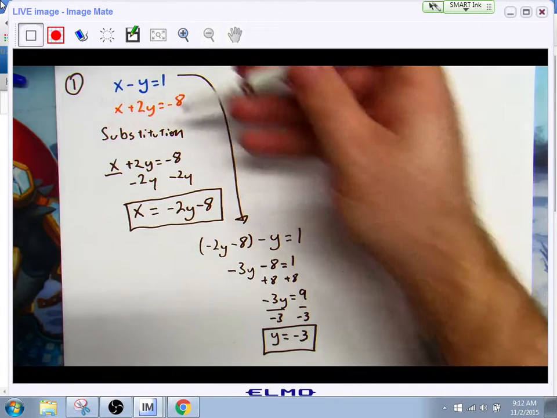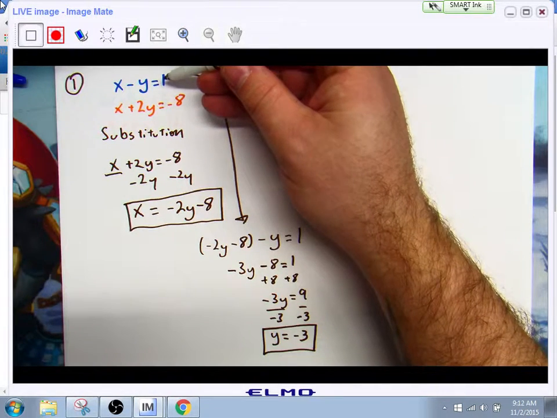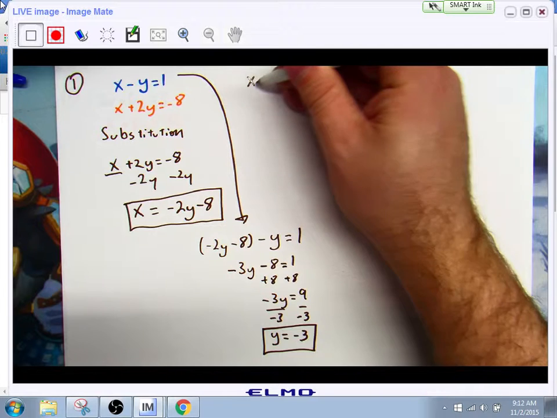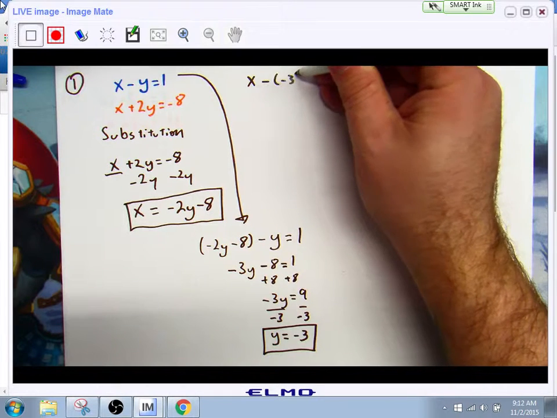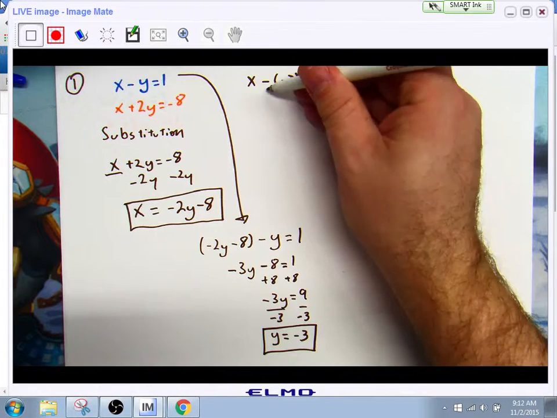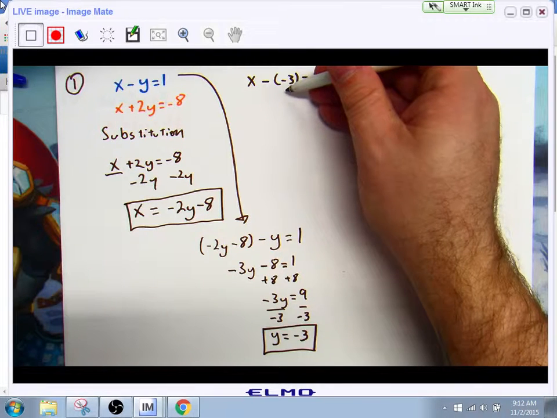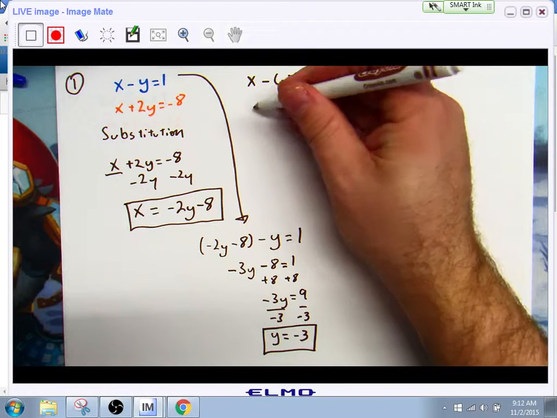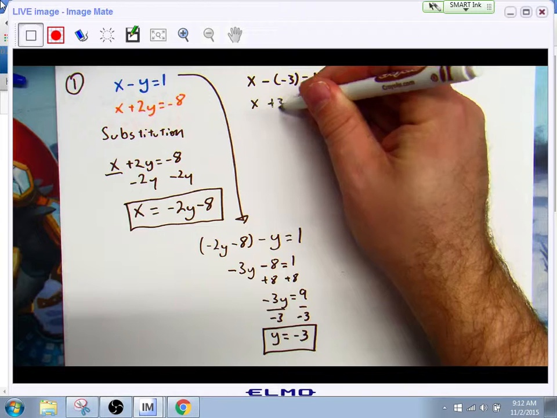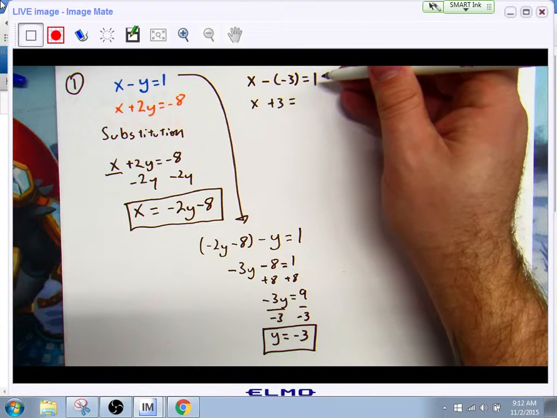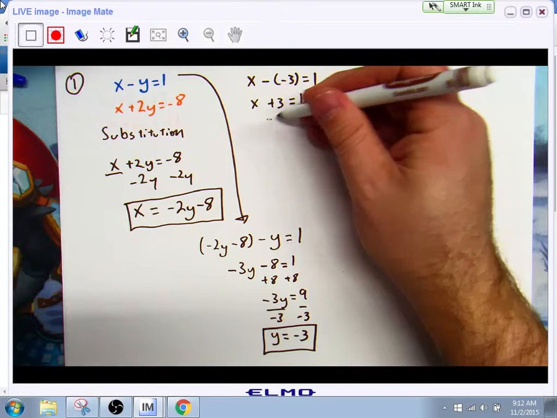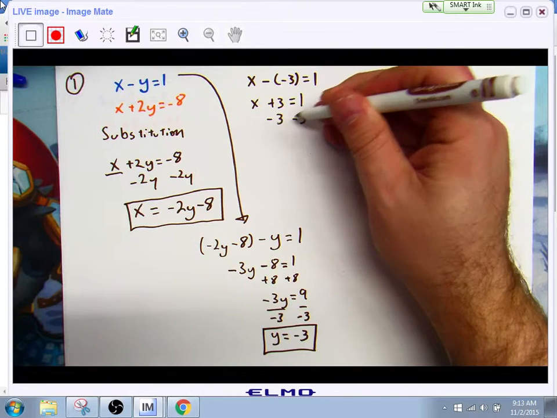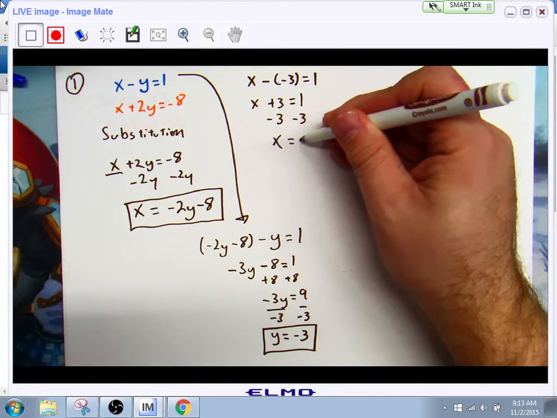I'll go ahead and plug it into the blue because that looks pretty easy. So I have x minus a negative 3 equals 1. Whenever I subtract a negative number, that's the same as adding that number. So it's x plus 3 equals 1. If I subtract 3, I have x equals negative 2.